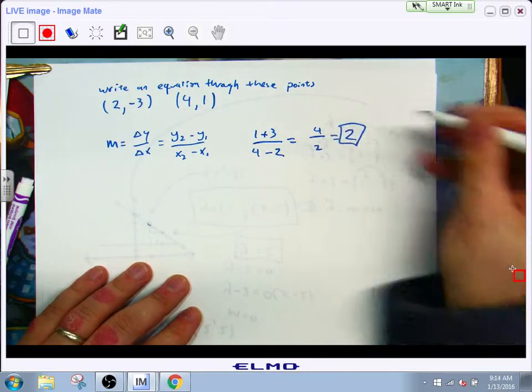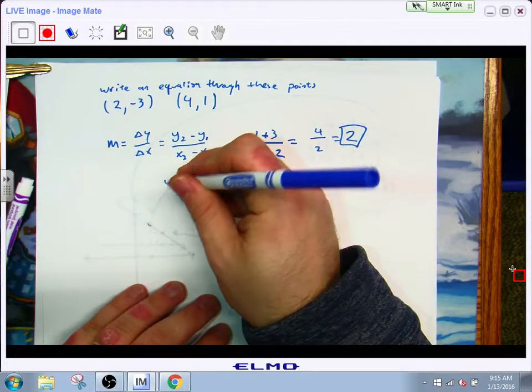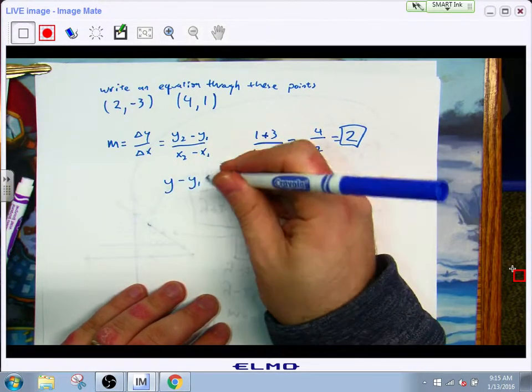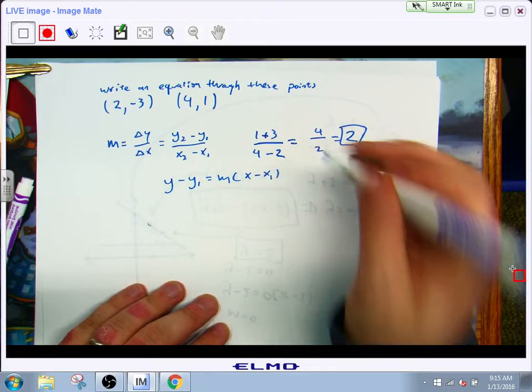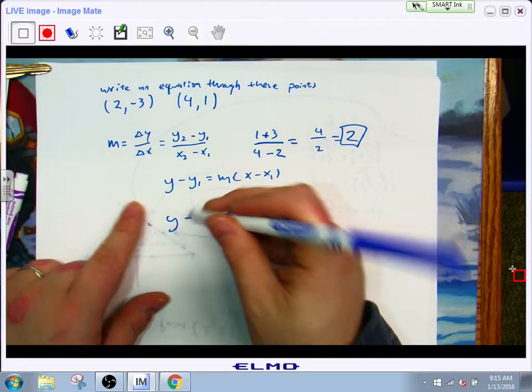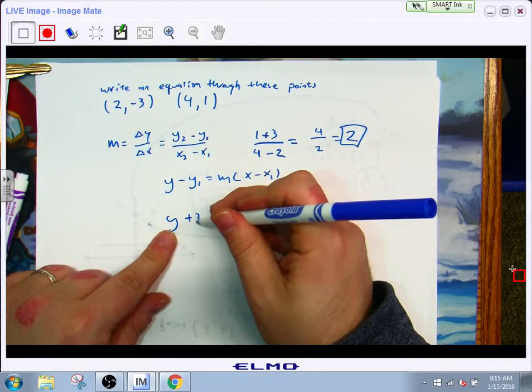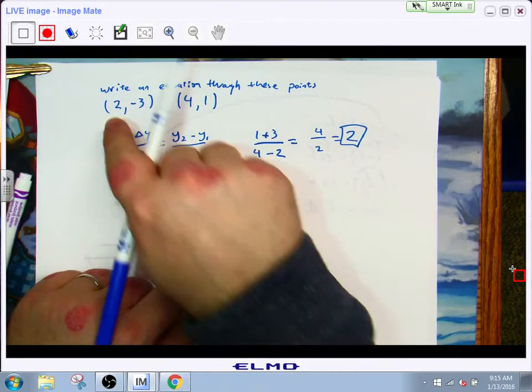So that's my slope. So now I can write it in point slope form. I have y minus y1 equals m times x minus x1. So y minus a negative 3 equals 2 times x minus 2.